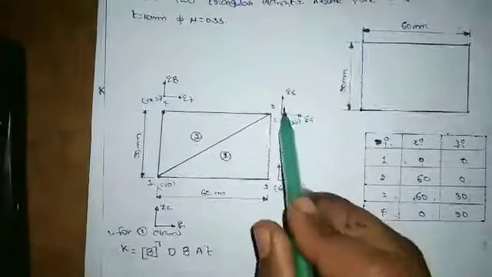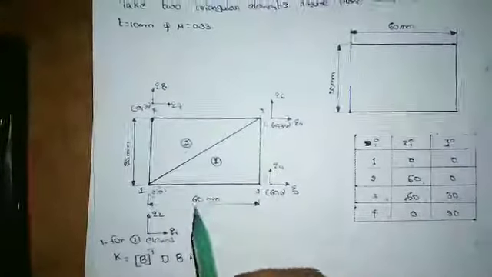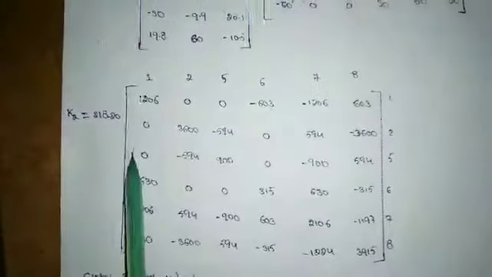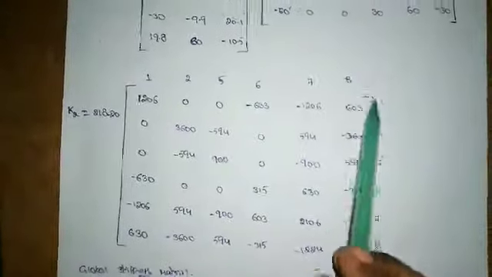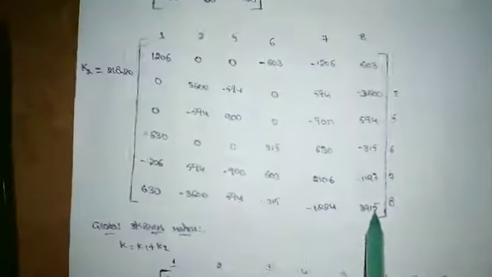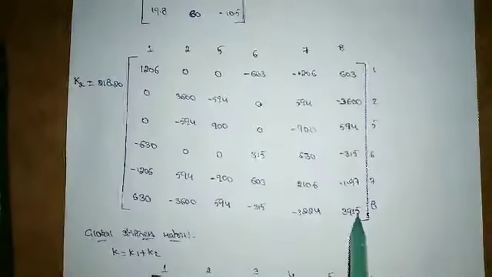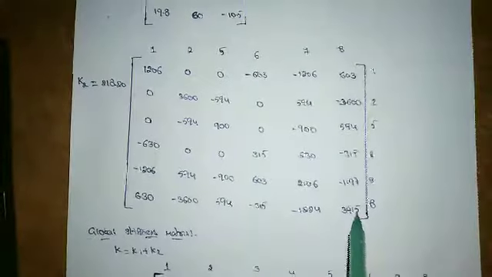But for the second element you have to indicate q1 q2 q5 q6 q7 q8. The K2 matrix is labeled 1 2 5 6 7 8, because the second element has the nodal numbers 1 3 4.